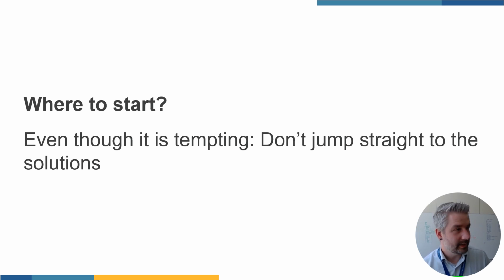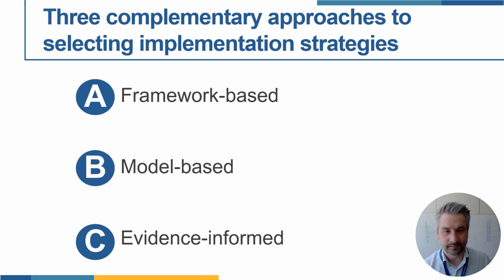So to re-emphasize this point, where should we start? We should not start by jumping straight to solutions. We should start by identifying the barriers for the actors in the context and times that we're trying to change, identify the barriers that they might be facing, and then use the strategy or the approaches that I'm about to talk you through to try to select the right strategy for the particular barrier or enabler.